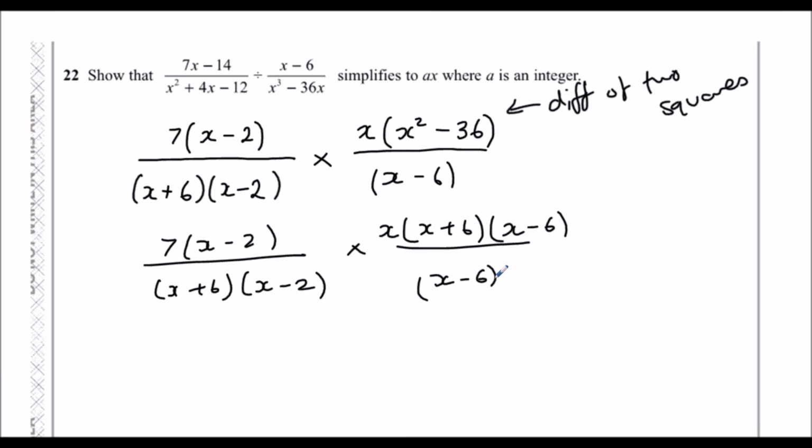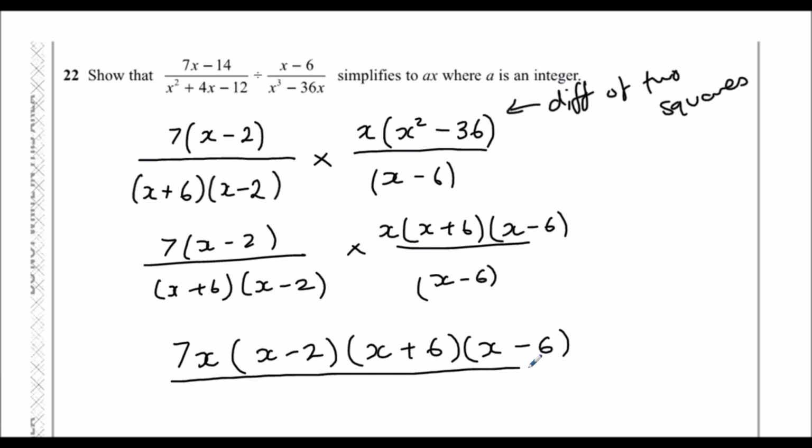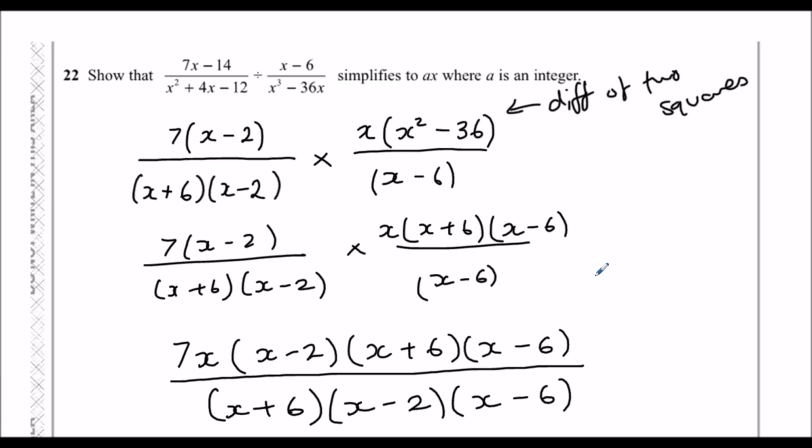We do that by timesing the top and timesing the bottom. So let's do 7 times x for the 7x, and then we've got (x minus 2) times (x plus 6) times (x minus 6) on the top, and on the bottom (x plus 6) times (x minus 2) times (x minus 6).